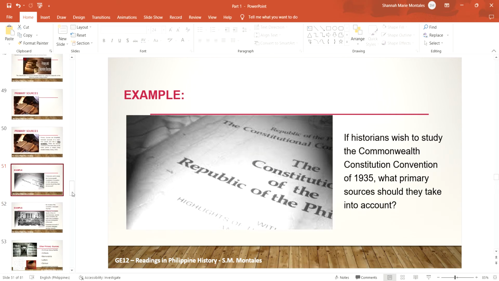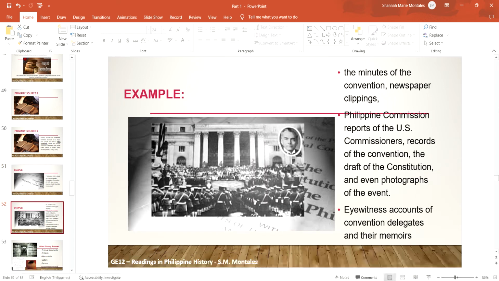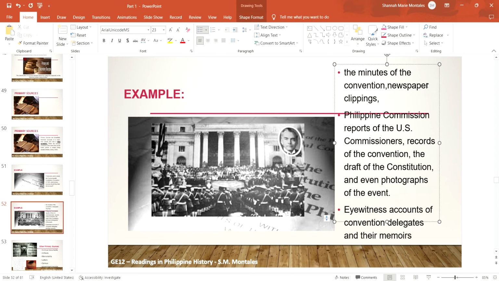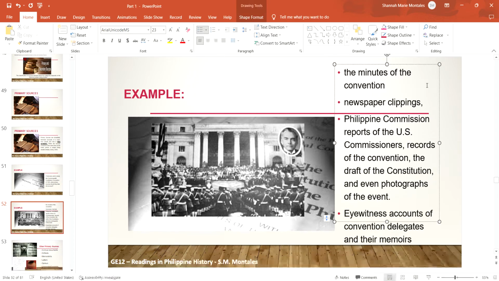Primary sources. So we have minutes of the convention. For example, minutes of the meeting, okay? Minutes of the convention, what took place in the convention during that time. The conversations, the discussions, are recorded in the minutes of the convention. Newspaper clippings. You have newspaper clippings at that time.